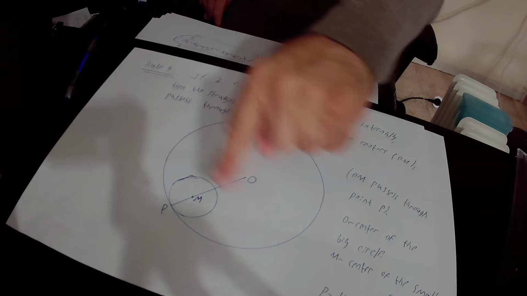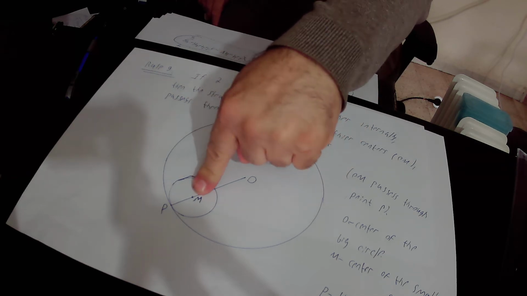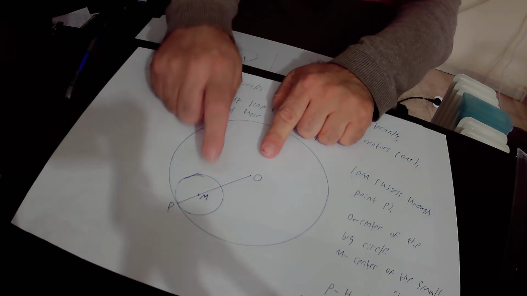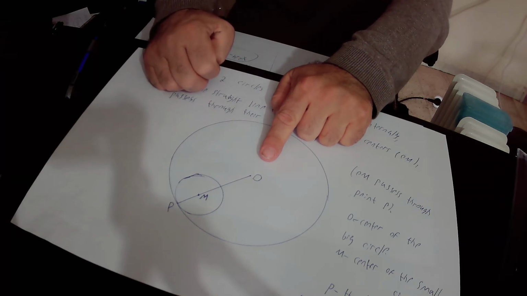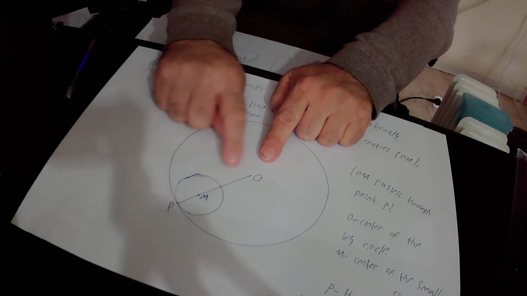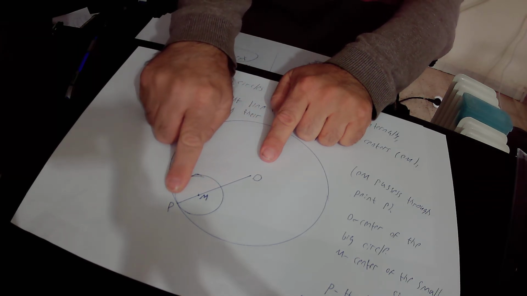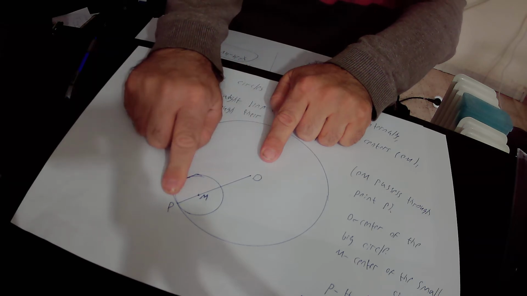The center of the big circle is here at point O, the center of the small circle is here at point M. The straight line that connects their centers together is OM. According to this rule number 9, the straight line OM must pass through point P. If OM must pass through point P, it means that OMP is one straight line, okay? OMP is one straight line.